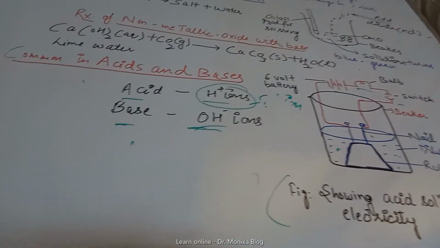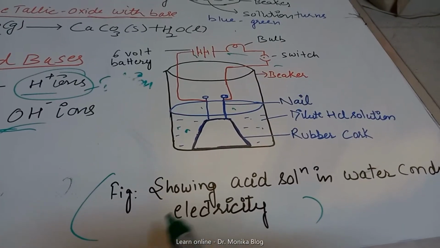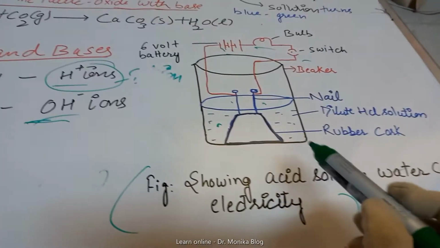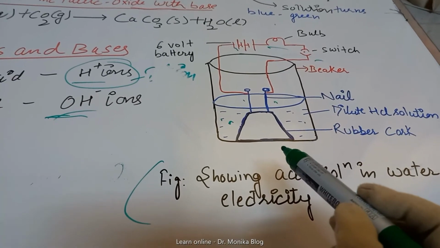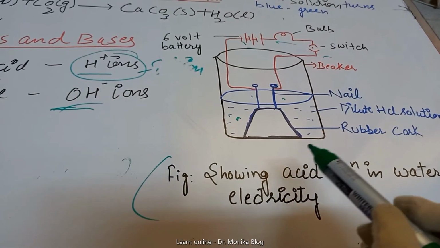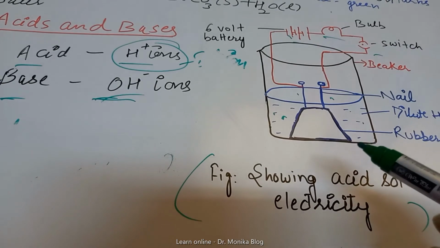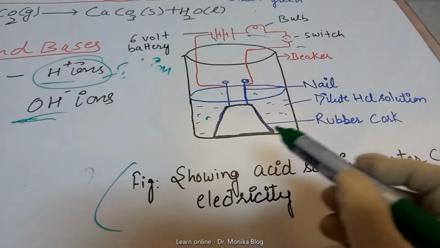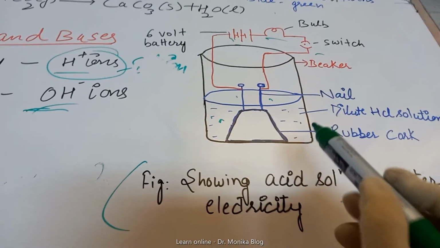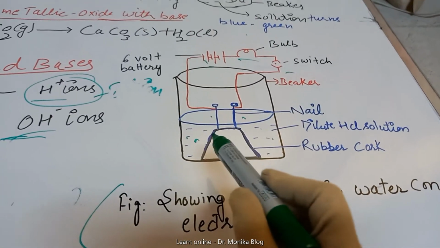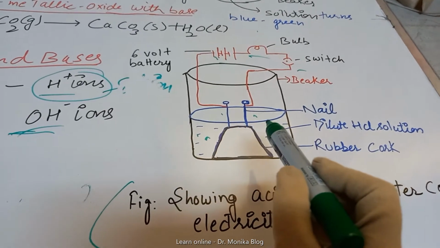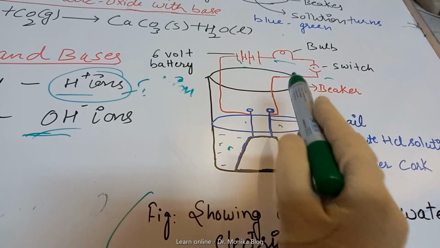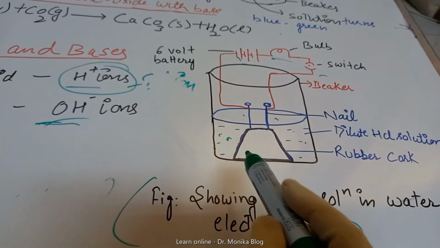Now this figure shows that an acid solution in water conducts electricity. First of all, we take a beaker and suppose any solution: glucose, alcohol, hydrochloric acid, sulfuric acid. In this example we are taking dilute HCl solution, and this is the rubber cork with two iron nails attached to it, connected to a switch, bulb and 6-volt battery.